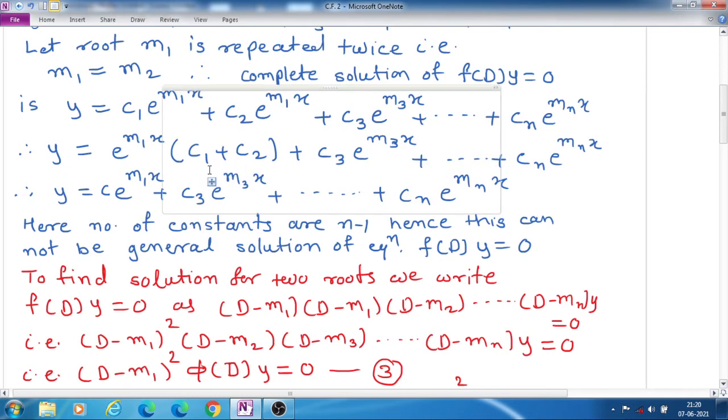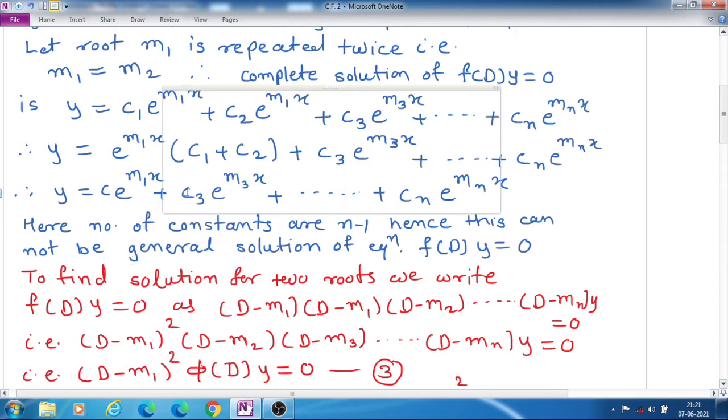But c1 is one constant, c2 is another constant, therefore the addition of these two constants is again a constant. For that we write c, so this term becomes c into e raised to m1x, and the next term is c3 e raised to m3x plus dash dash plus cn e raised to mnx.